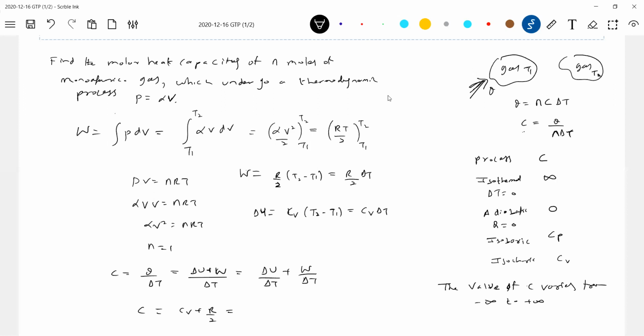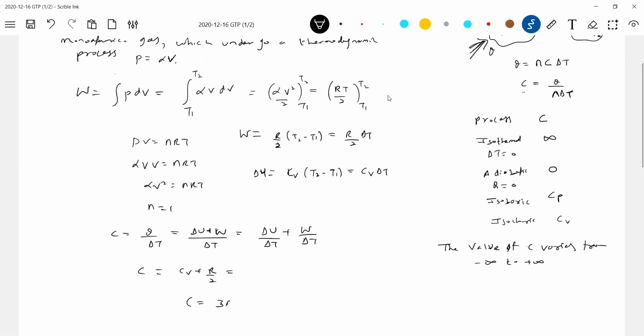For a monoatomic gas, what is the value of CV? Monoatomic gas has CV equal to 3R by 2. So substitute this. The molar heat capacity for a process P equal to alpha V, where pressure varies linearly, is given by this particular formula. Is it an isothermal process? No, some other process. Let's not bother. The molar capacity will be this much.